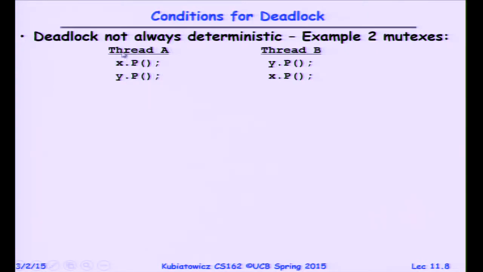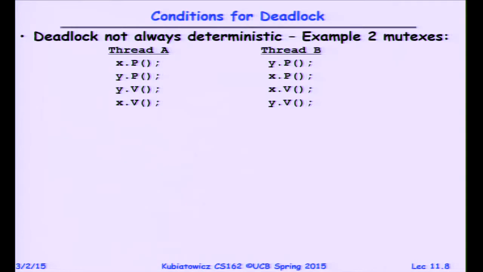Notice that thread A does an X.P and then a Y.P, and thread B does a Y.P followed by an X.P. If you were to run thread A and thread B over and over again, and of course they close out the end by releasing the locks, you could run this for a long time, and then all of a sudden, poof, you get a deadlock, because at some point A has lock X and is waiting for lock Y, and B has lock Y and is waiting for lock X. It happens non-deterministically depending on your scheduler.